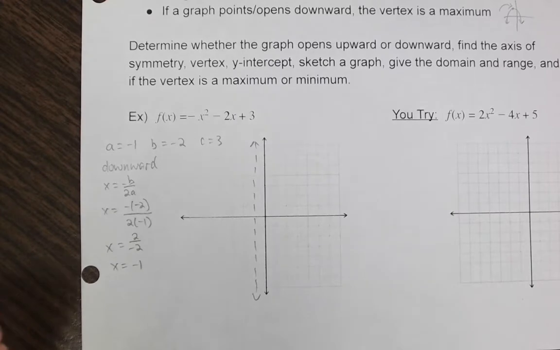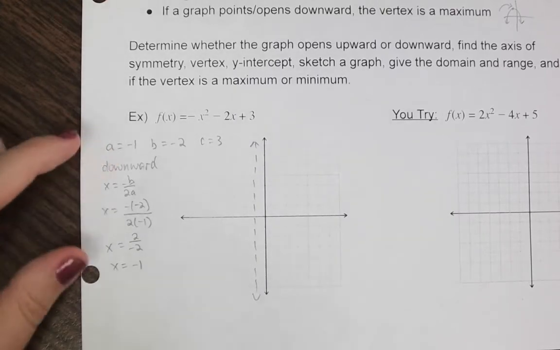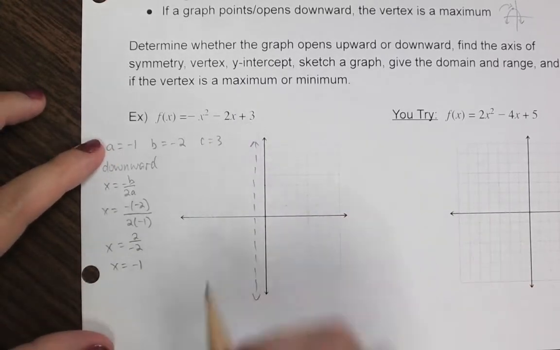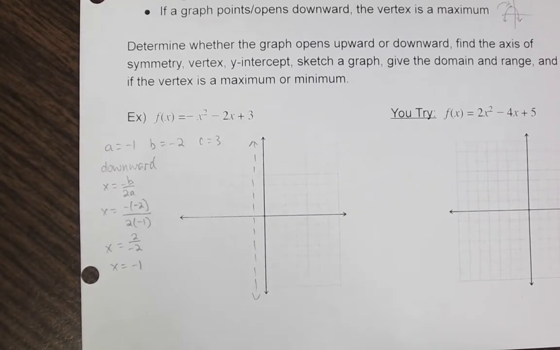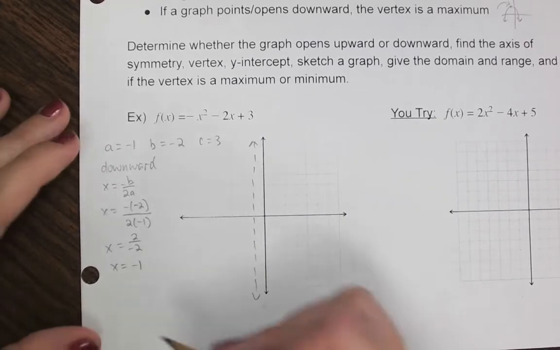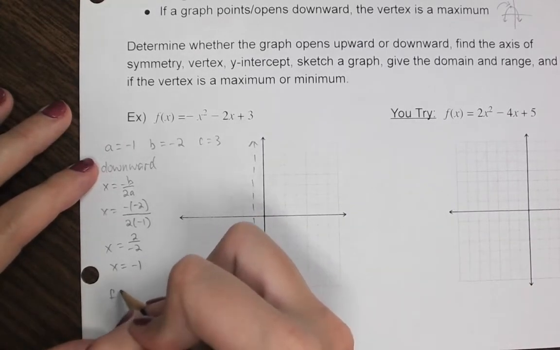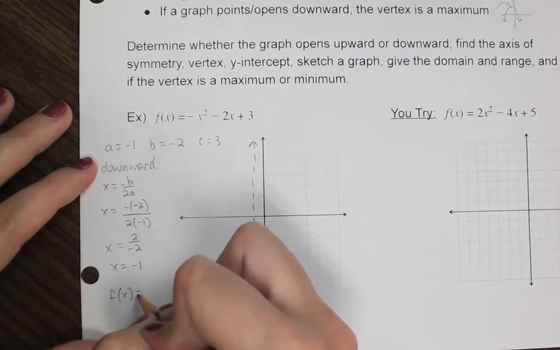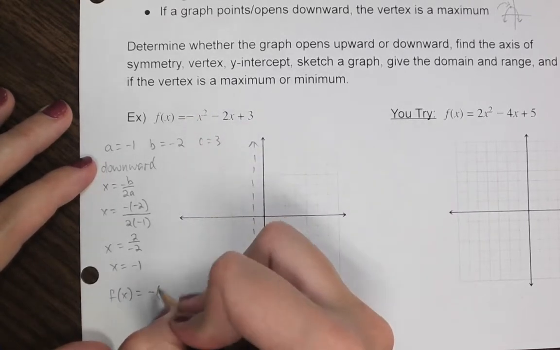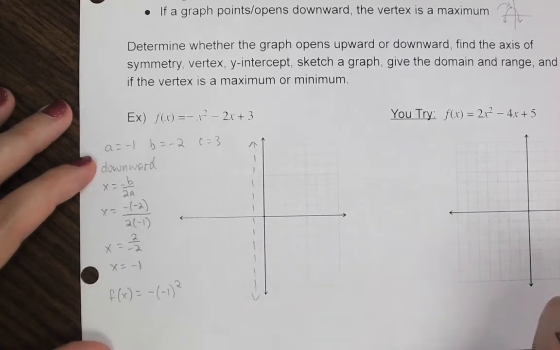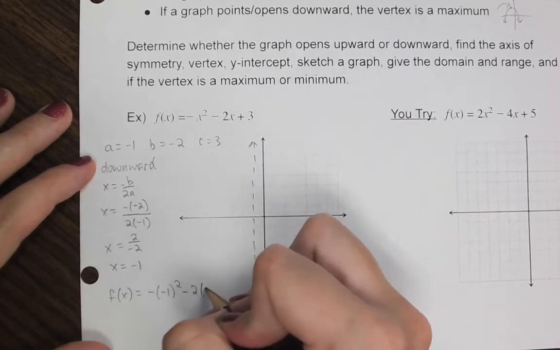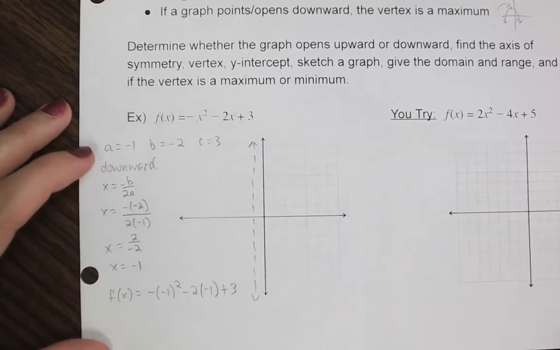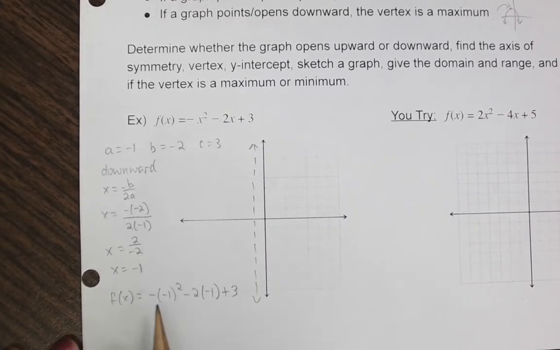Okay, now in order to find the vertex, I'm going to take that and plug it back in to the original here. So be careful with parentheses and double negatives and all that kind of stuff. Order of operations also is really important here. So I have the negative from up there, then this is the -1, another -1 and plus 3. The easiest way to not goof this up is to just type that whole string into the calculator.